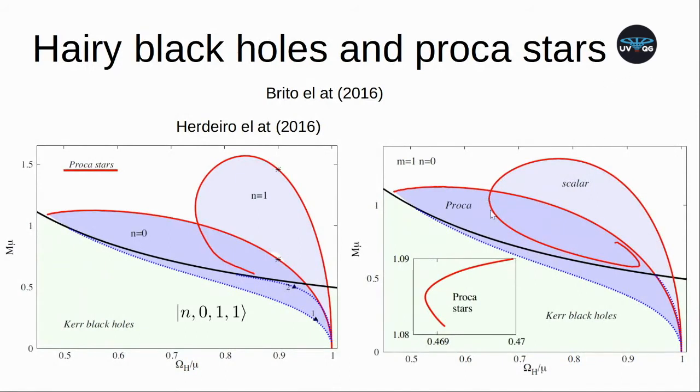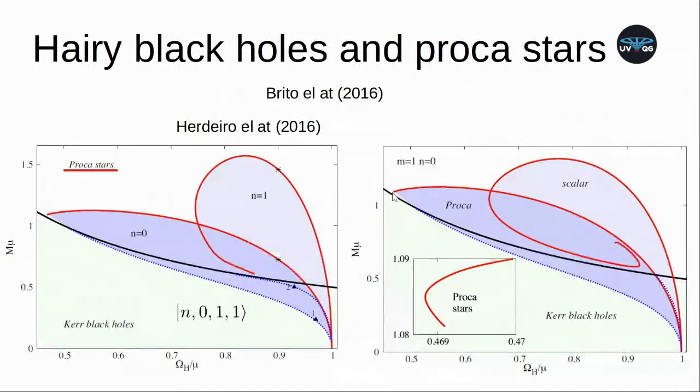Another thing that we see in this plot is that for the scalar case, we are able to compute the solitonic solution for more backbands. But for the Proca case, we can only compute this for one backband, for only a small part.